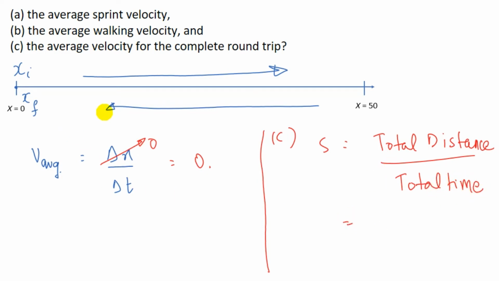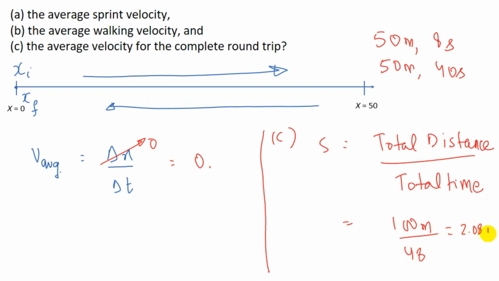The body moves in this direction, so the distance traveled is 50 meter and time taken is 8 seconds. Next it moves in this direction, so the distance would be 50 meter and time taken we are given to be 40 seconds. So total distance is 100 meter and total time is 48 seconds, which equals 2.08 meter per second.